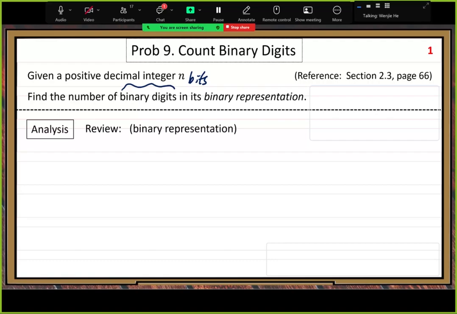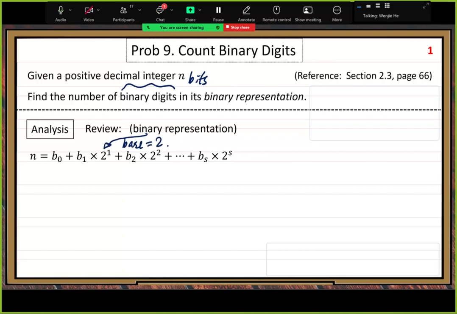So let's do the analysis. First, let me recall the binary representation. In discrete math, you learned binary representation. Here, let me give you the formula. The formula is this. Because it's binary, we use base 2.